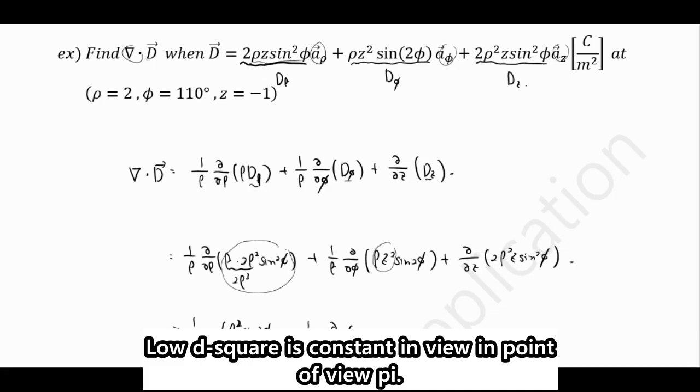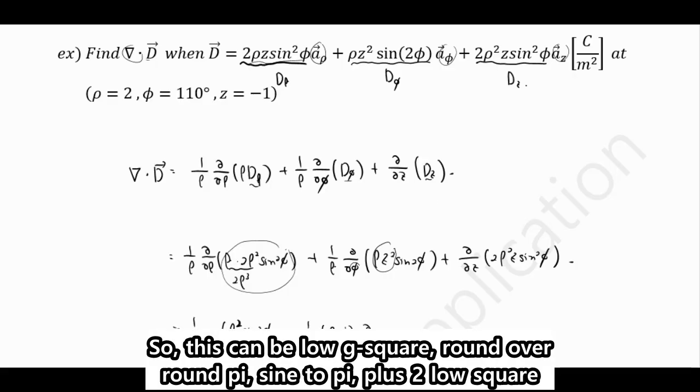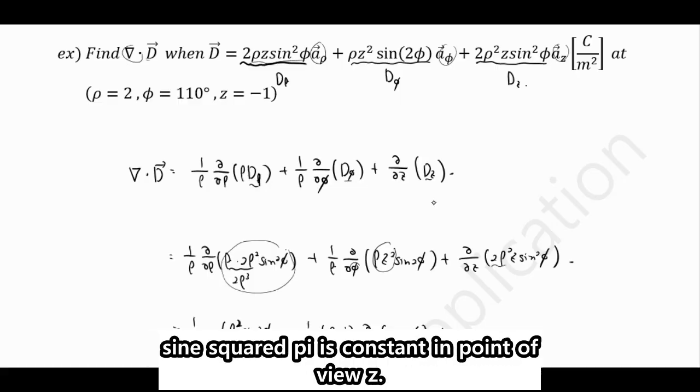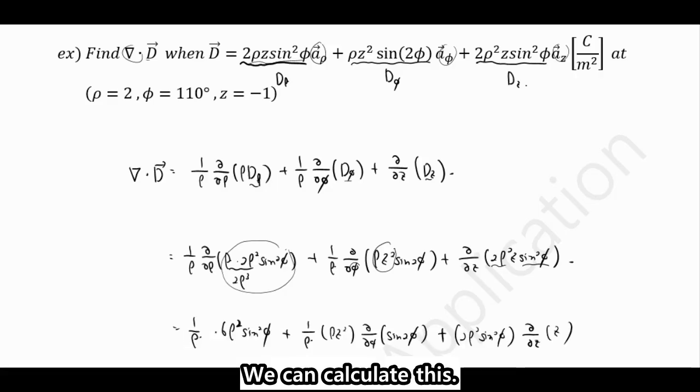Rho z square is constant from the point of view of phi, so it can be taken out: rho z square, partial over partial phi, of sine 2 phi. Plus, 2 rho square sine square phi is constant from the point of view of z, so 2 rho square sine square phi, partial over partial z, of z. We can calculate this.